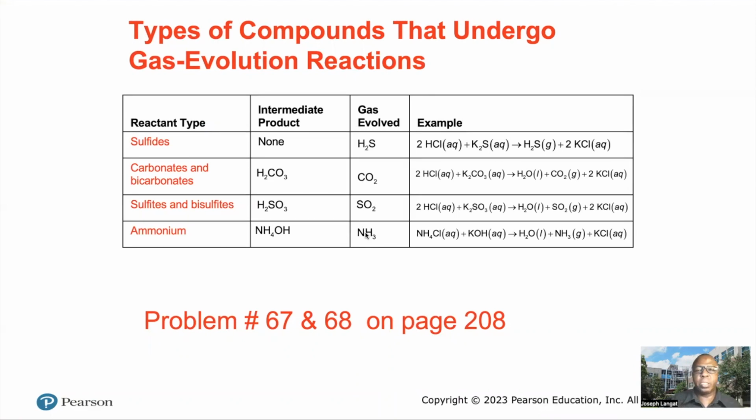So there are four classes of gas evolution reactions in aqueous solution which produce gas. By now you should know the formulas. SO3 is sulfite. This is ammonium chloride, which produces ammonia, and the carbonates produce CO2. These are the gases we are referring to in gas evolution reactions. Please practice problems 67 and 68 on page 208.